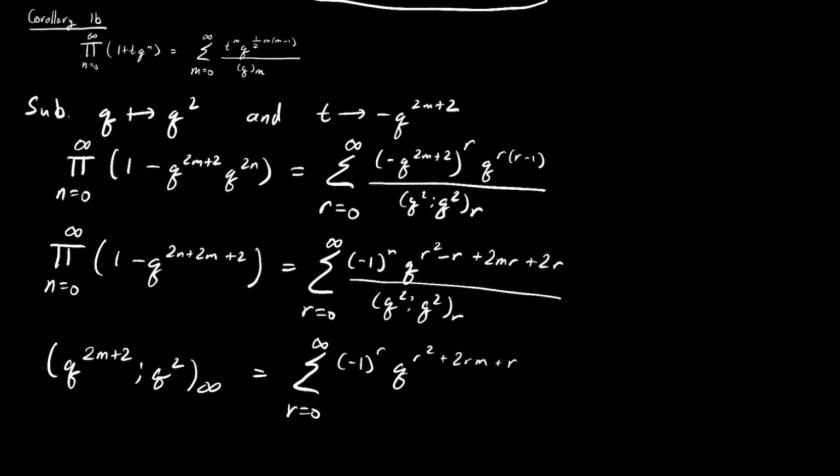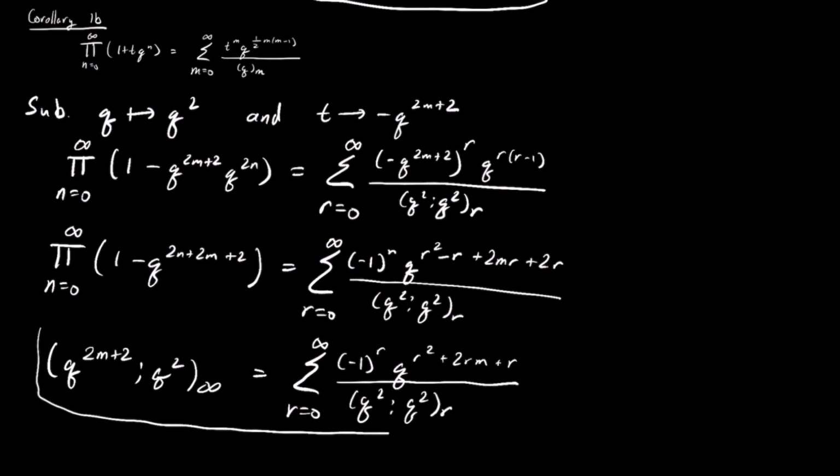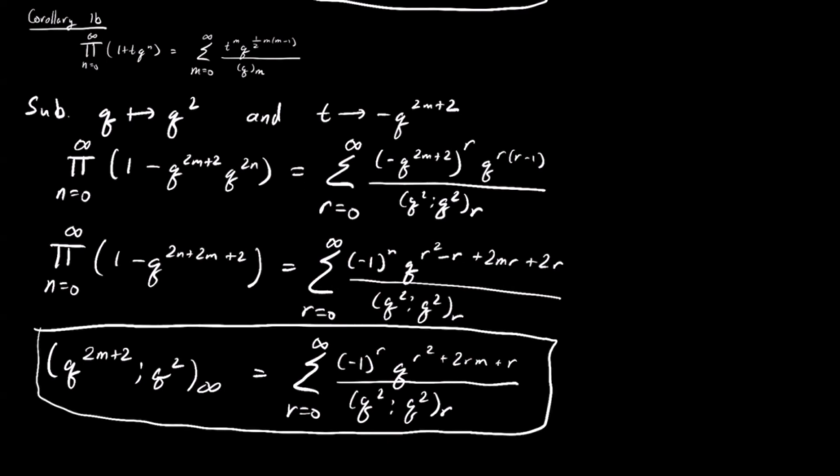All right, so I cleaned up that exponent a little bit, and at the bottom, I'll get q squared sub r. Okay, and this equation is an equation that I'll call equation star star. When I refer to equation star star, I'll be talking about this equation.